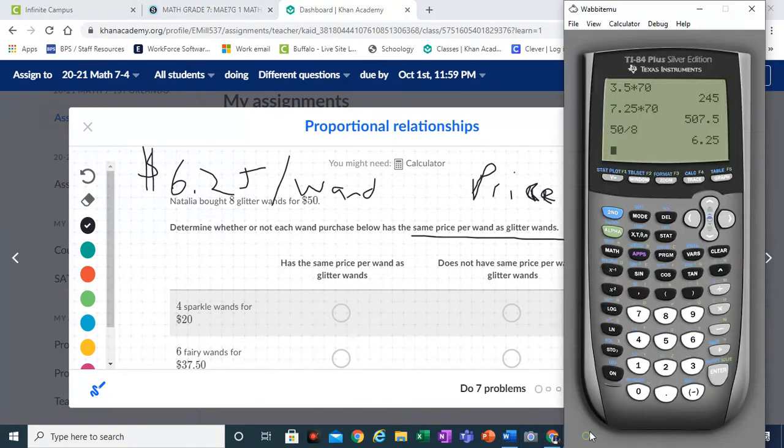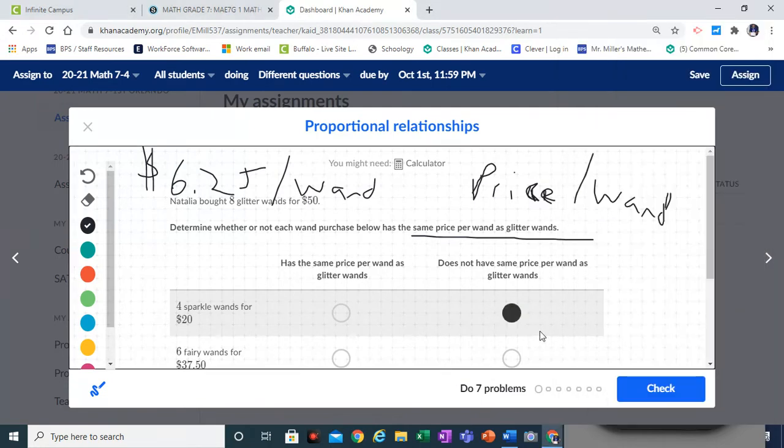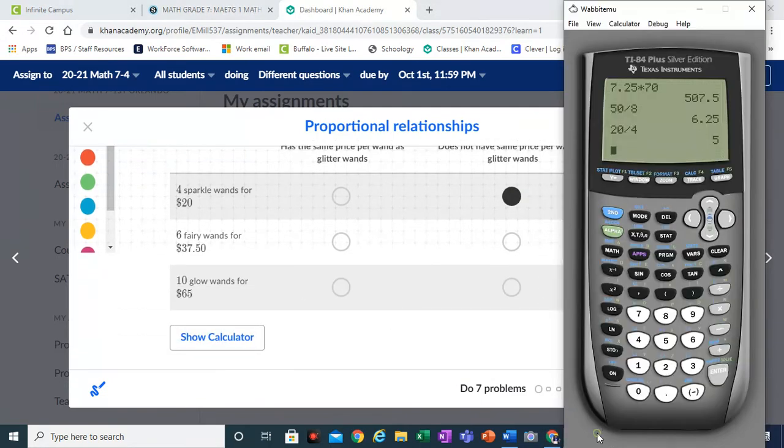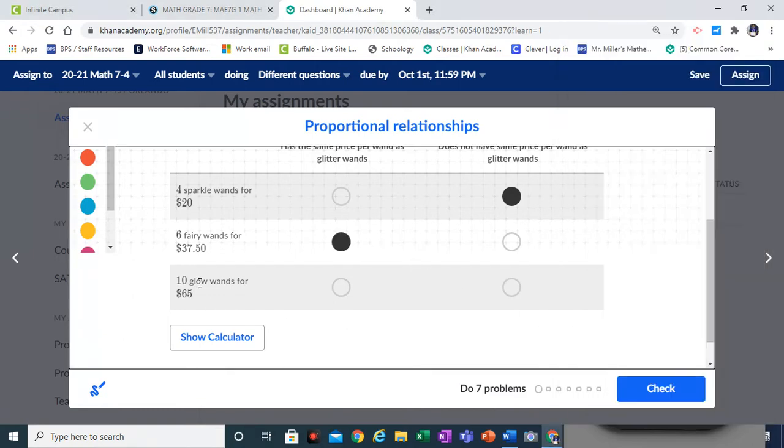So when we do that, this would be 20 divided by 4, obviously is not, it's 5, so not the same. 37.5 divided by 6 is 6.25, and 65 divided by 10 would be 6.5, so it's not.